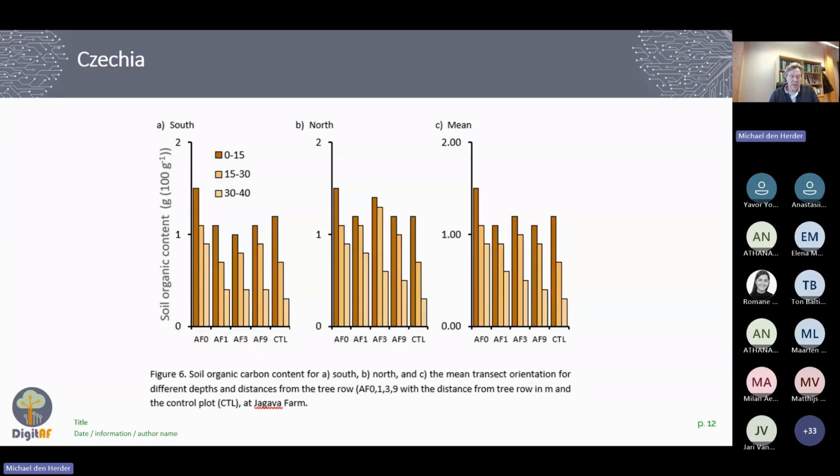You see that in the tree row the soil organic carbon was the highest, and the further away you go from the tree row, the more it slowly decreases. Also with depth: in the top layer the soil organic carbon content is the highest, and at deeper depths it gets less. So that's interesting.